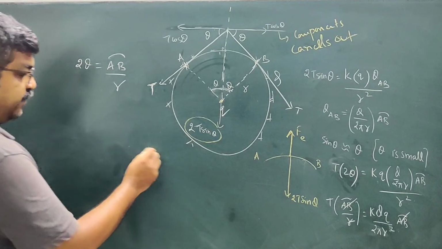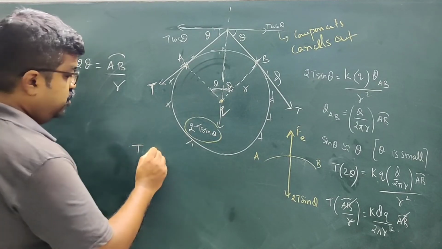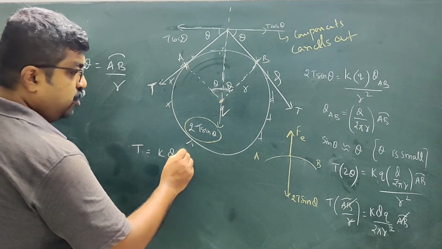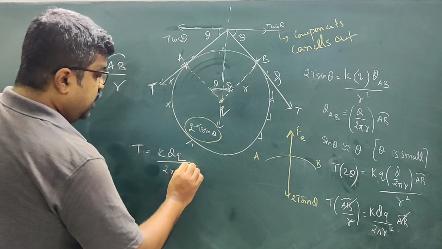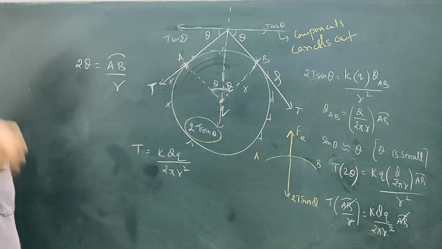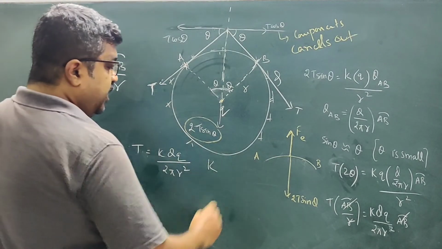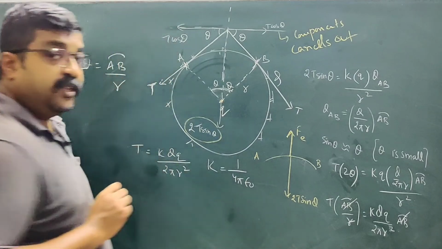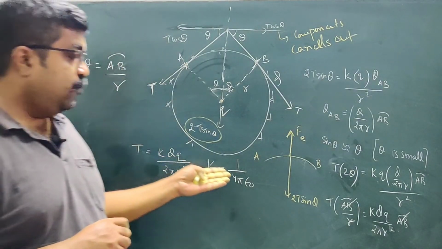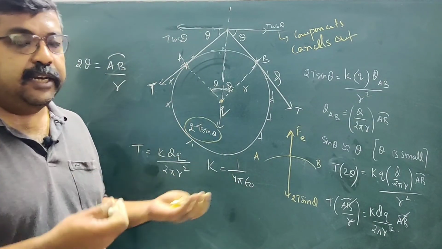Now we have the final expression for tension. T is equal to KQ by 2πR square. Now let us replace this K by 1 by 4π epsilon naught, because nothing is said about the medium.